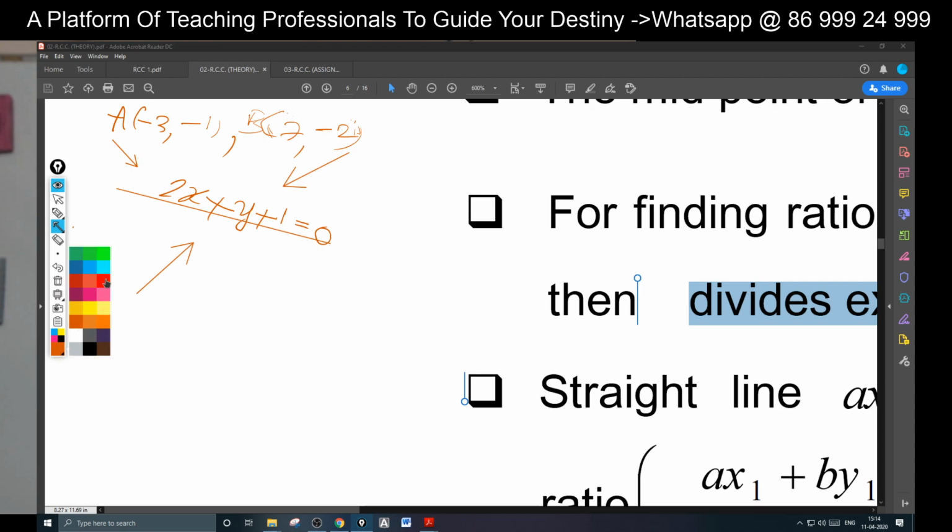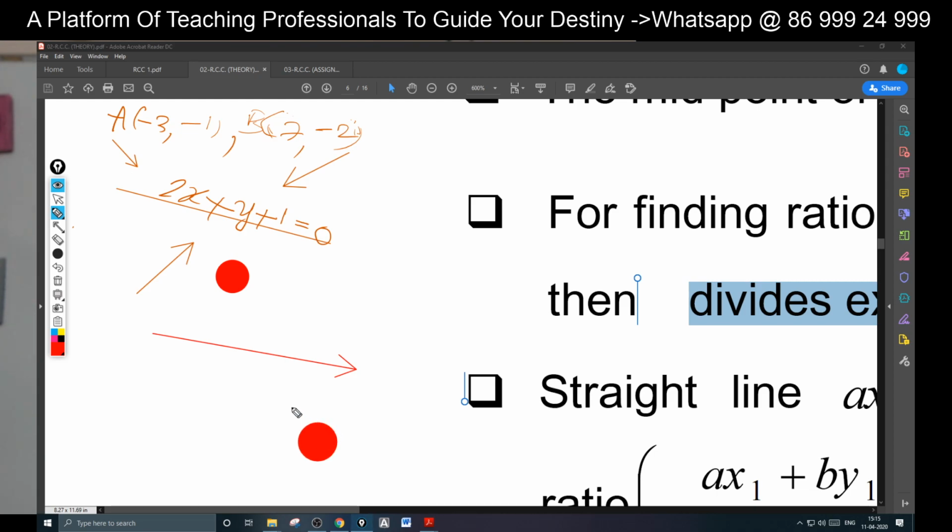See, there is a line like this. Okay? Now there are 2 points like this. One point is this. Another point is this.